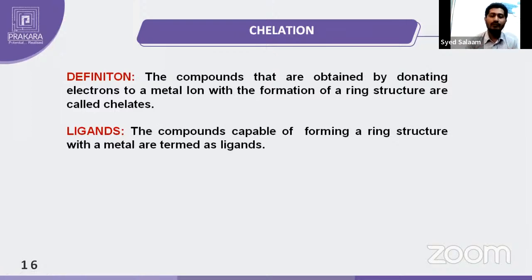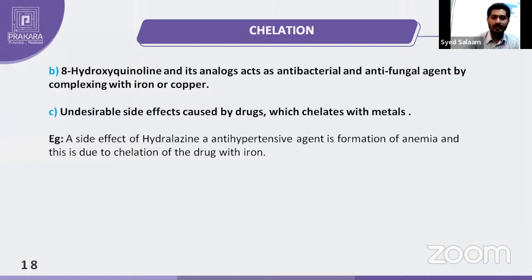The molecules forming that ring structure are termed ligands. Which type of bond? The groups forming the ring together, capable of that, are called ligands. So ligands are needed for a molecule to form chelates. Here, chelation is highly effective and it is needed for showing the activity.